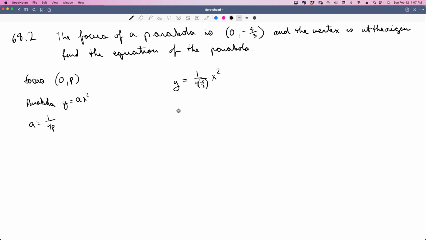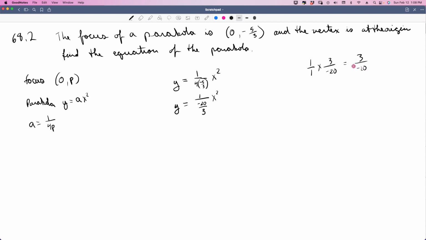So we're going to say y is equal to 1 over 4 times negative 5/3, which is 1 over negative 20/3, times x squared. We know with multiplication or division of numbers and fractions that we can keep it, change it, flip it. So I'm just going to do that over here to the side. 1/1 times 3/-20.